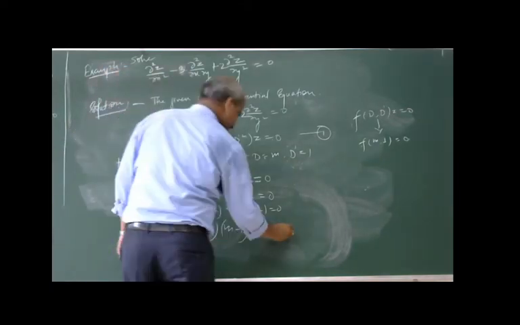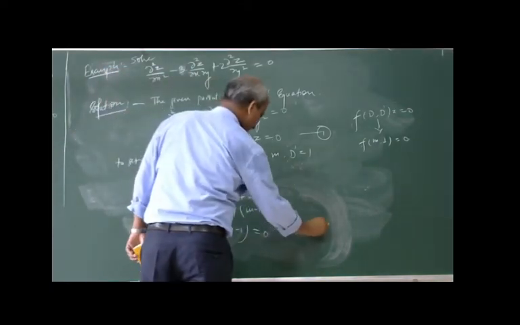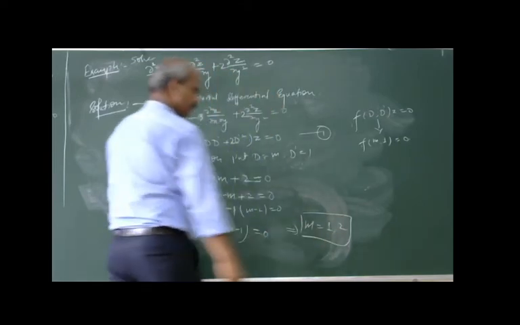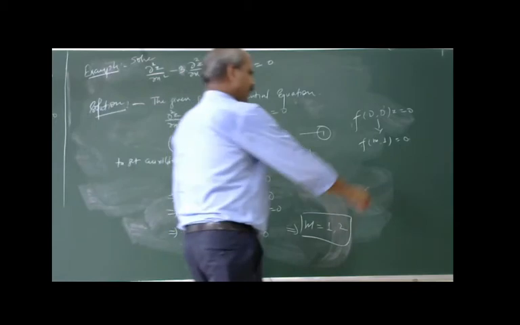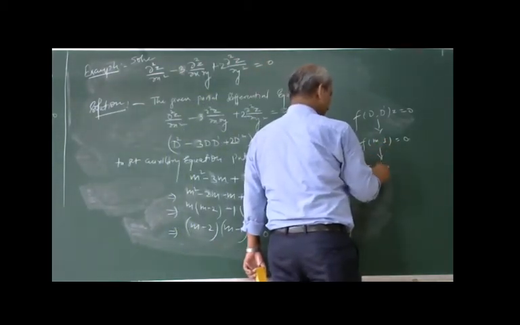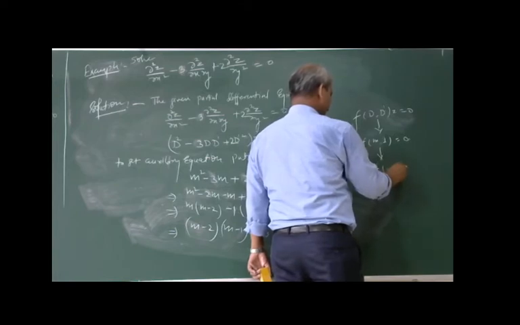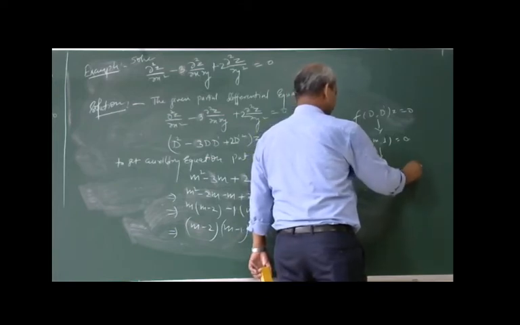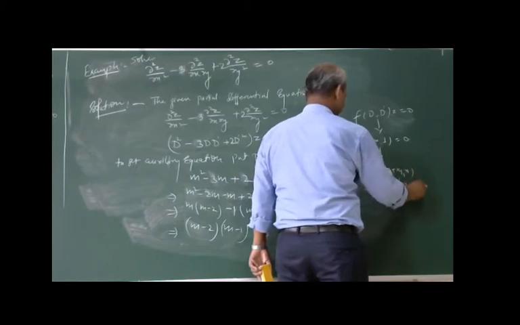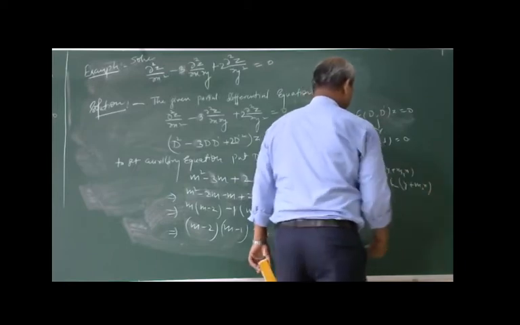It gives two roots, m equal to 1, 2. If the two roots are real and distinct, the solution will be f1 of y plus m1 x plus f2 of y plus m2 x.